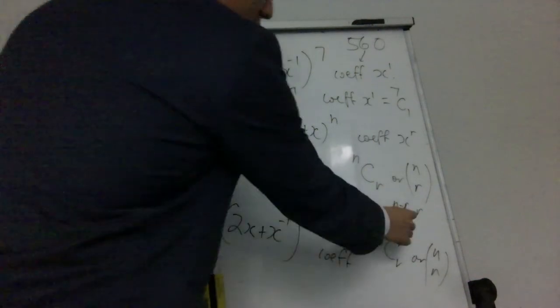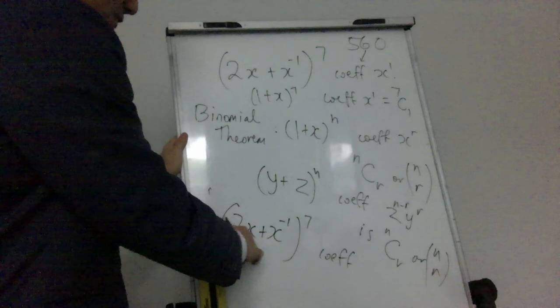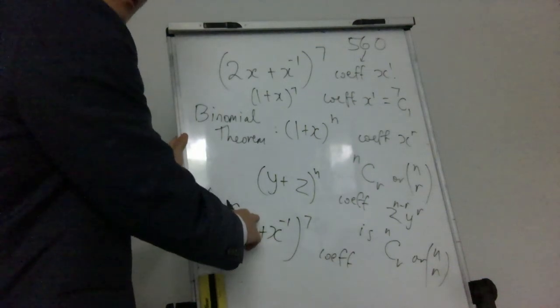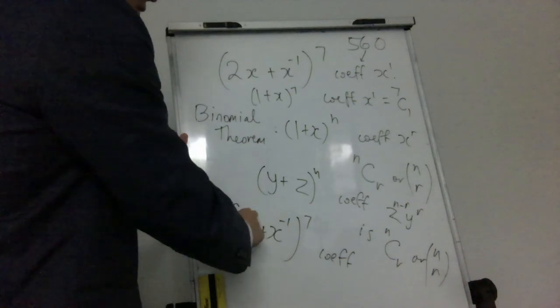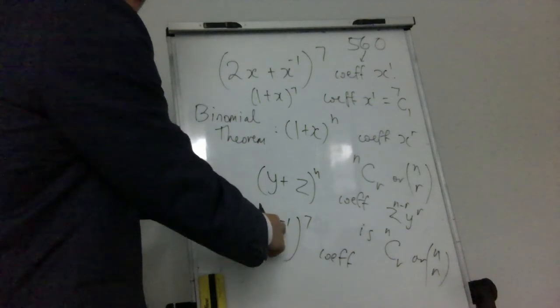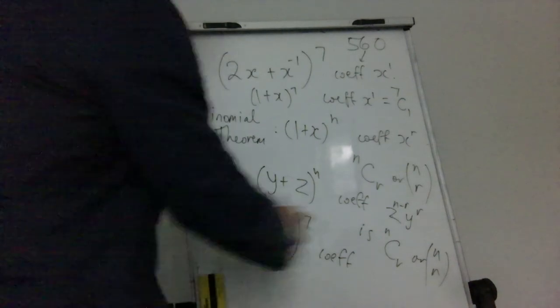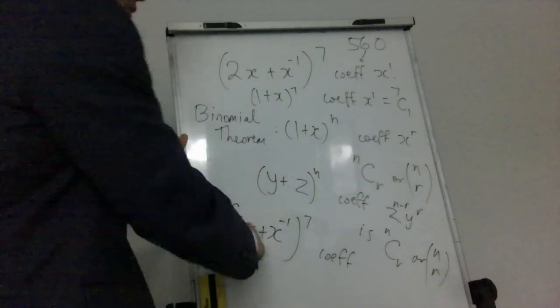They have to add up to n. See how n minus r plus r is n? So for example, if I had 6 for this one, I get an x to the power of 6, and then I have 1 for the other one. It'll give me x to the power of 6 minus 1, which is x to the power of 5. It's not going to be what I want, right? So I need something that adds up to 7, so these powers cancel in some way to get x.